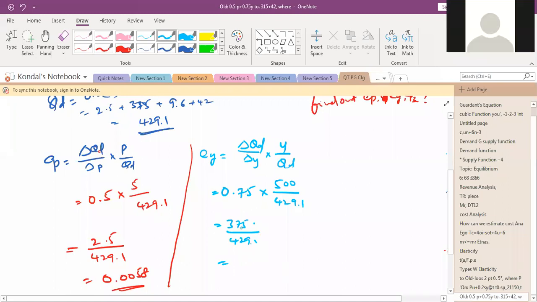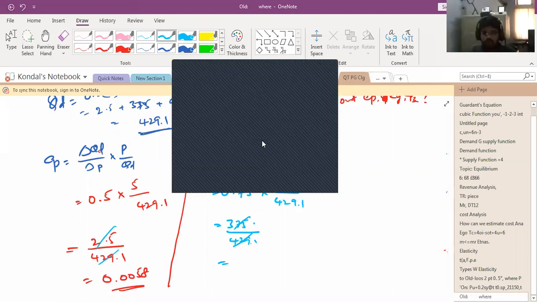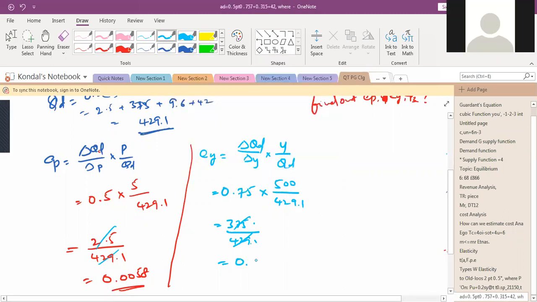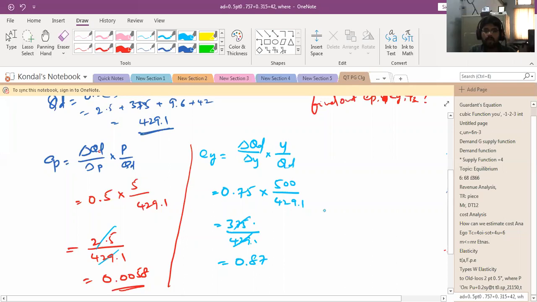When you calculate it, how much will we get? 375 divided by 429.1 is 0.87, right? Yes, sir.